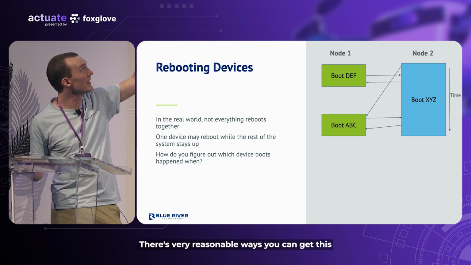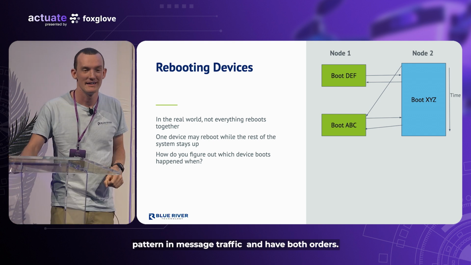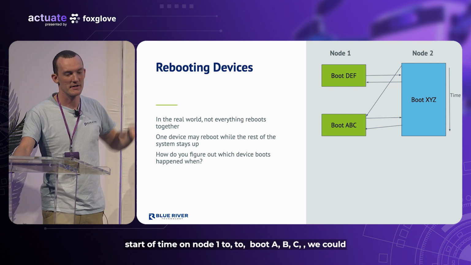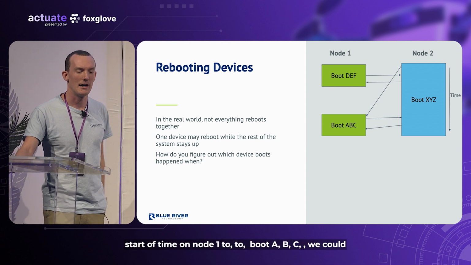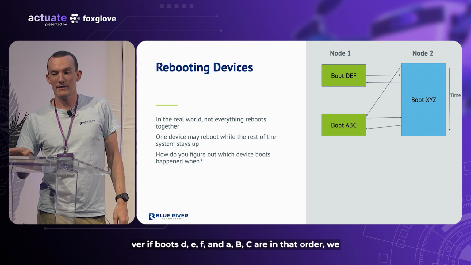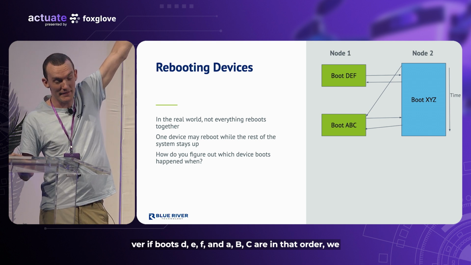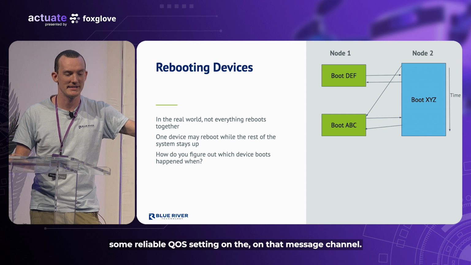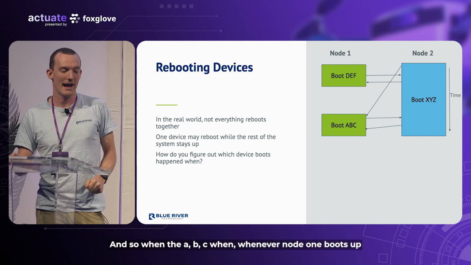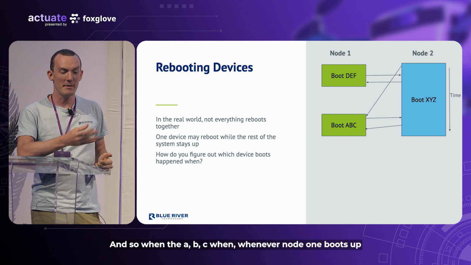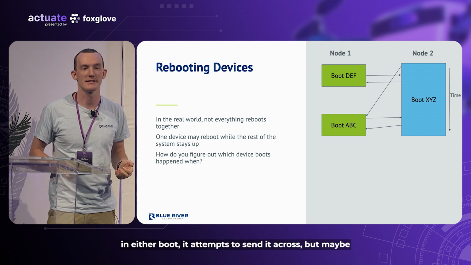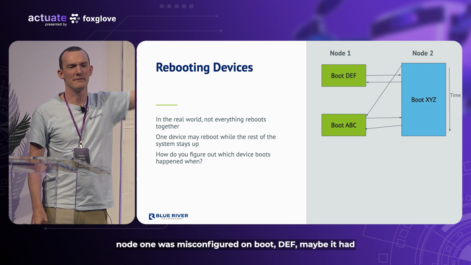There's very reasonable ways you can get this pattern of message traffic and have both orders. For instance, that arrow that goes from like the started time on node 1 to boot ABC, if boots DEF and ABC are in that order, we could very plausibly have had a situation where we had some reliable QoS setting on that message channel. And so whenever node 1 boots up in either boot, it attempts to send it across, but maybe node 1 was misconfigured on boot DEF.